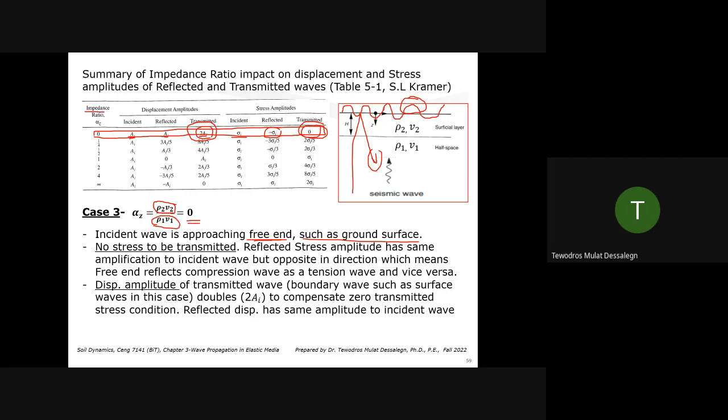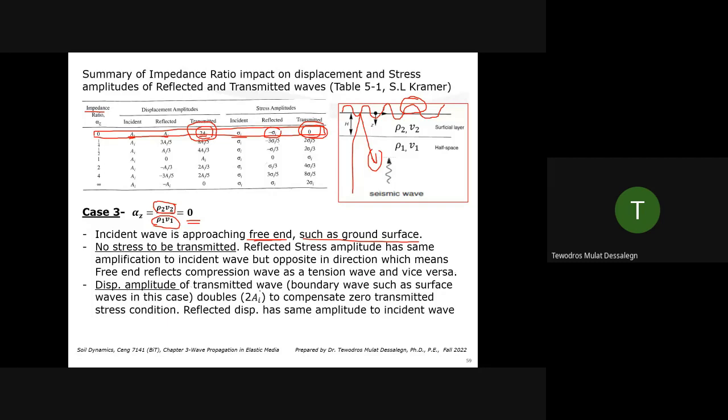Incident wave is approaching a free end, such as the ground surface. No stress to be transmitted, 0. Reflected stress amplitude has the same amplification as the incident wave, but opposite in direction, which means a free end reflects a compression wave as a tension wave and vice versa.